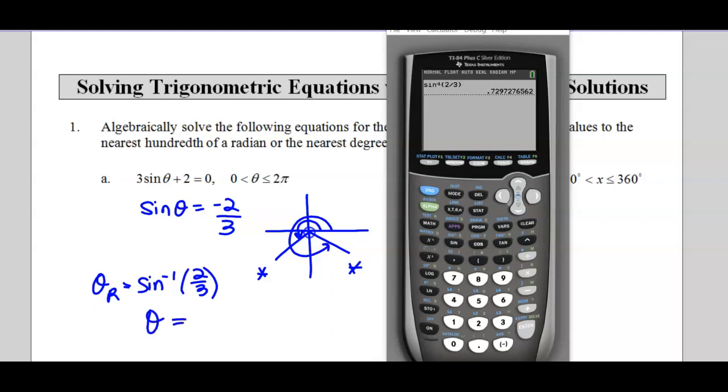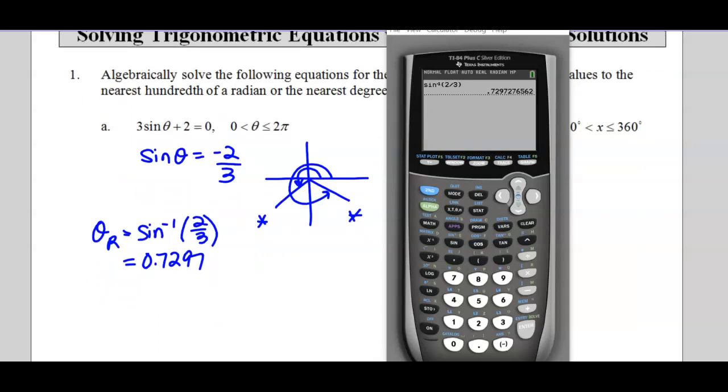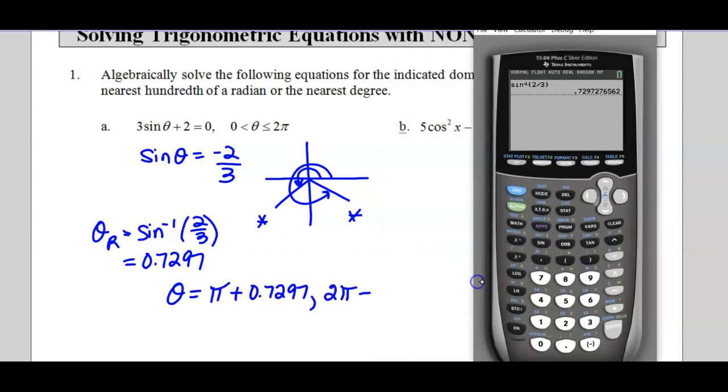So theta equals, so here, actually, this equals 0.7, to show a couple of decimal places, in case I clear my calculator or something like that. But then my theta is going to be pi plus this.